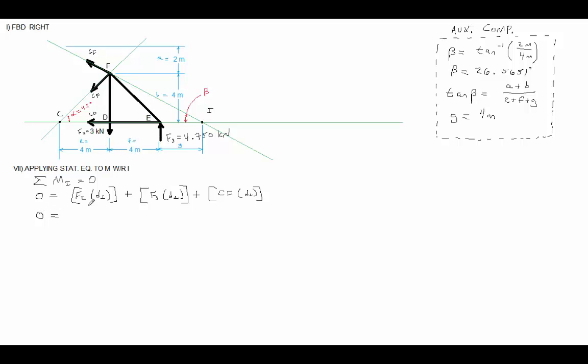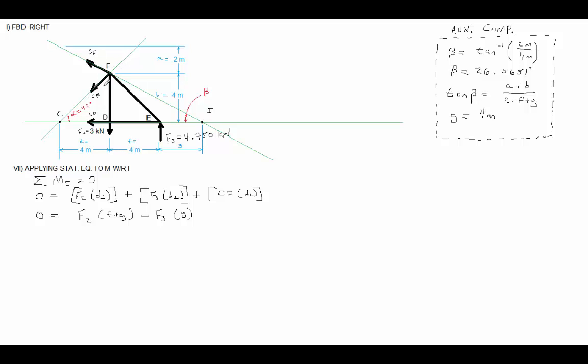F2 is going to produce positive rotation around point I, and F2's perpendicular distance is F plus G. F3 is going to produce negative rotation around point I, and its perpendicular distance is G.